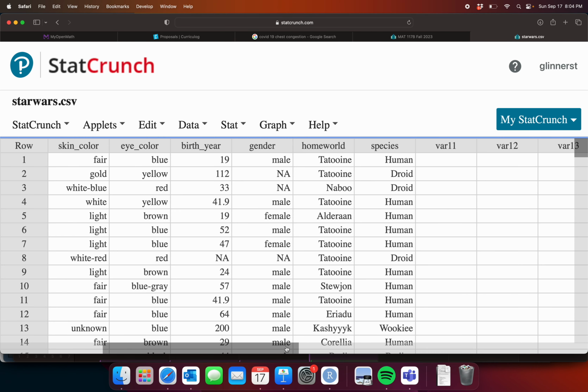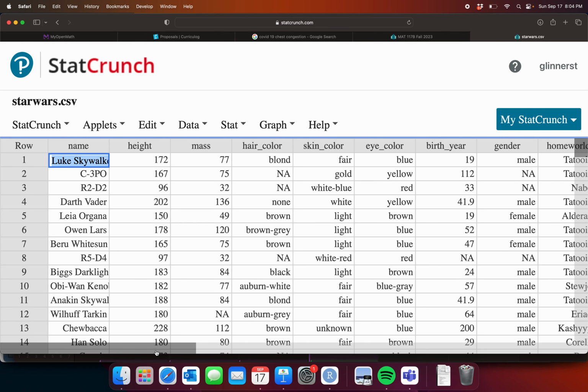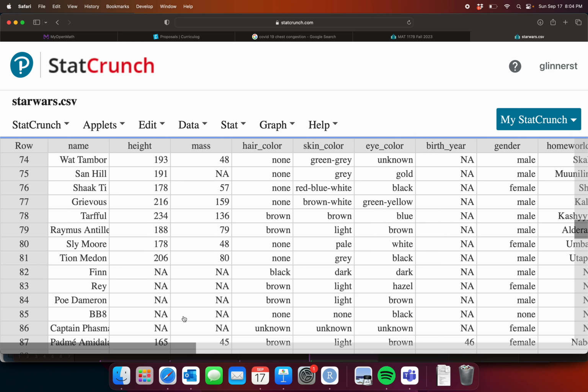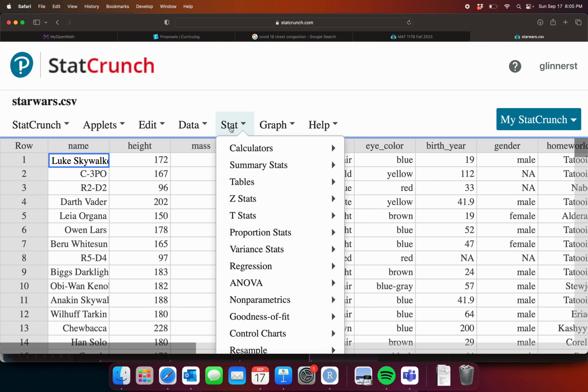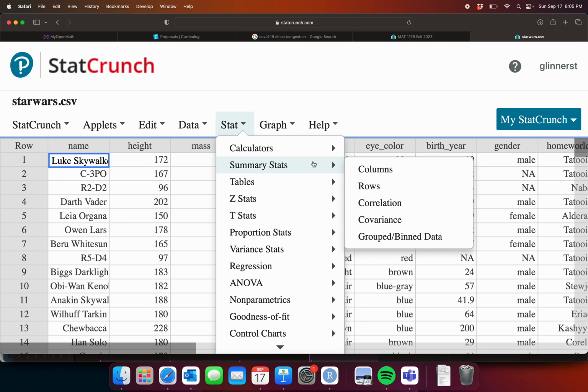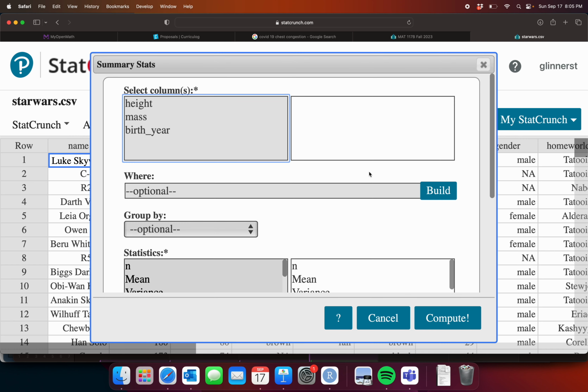We're looking at quantitative stuff, so it might be interesting to look at the mass of these various characters, how much they weigh. There are some NAs in here and some other things, but we aren't going to worry about them right now. If we wanted to find the summary of a specific column, for instance mass, we would go to Stat, Summary Stats, Columns.